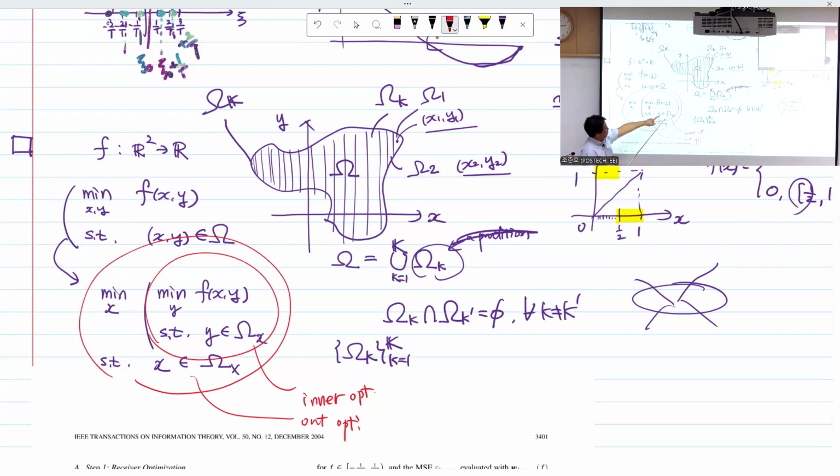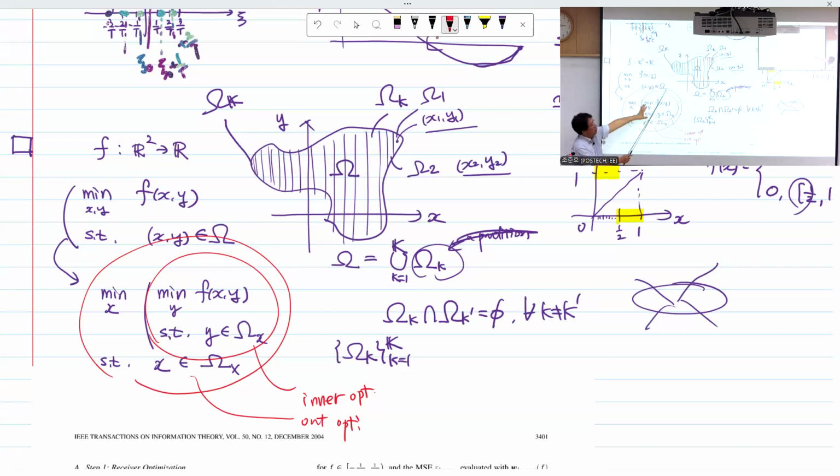And here, what does this omega sub x mean? Here, given x, you have what? An infinitesimally narrow strip, right? The x comma y's. That means this omega sub x, given x, right? So given x, you minimize this.